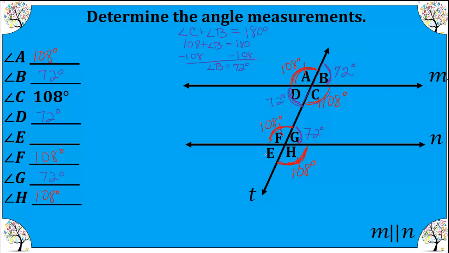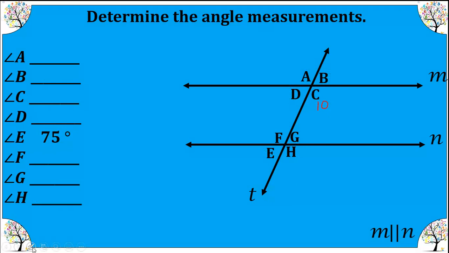And then we can say G and E are vertical, so E is also 72 degrees. We could have said B and E are alternate exterior. We could have said that angle D and angle E are corresponding. There's many ways that we can relate the angles to each other. So again, notice that our angle measurement is either obtuse or acute, and we only have two different angle measurements in our diagram.